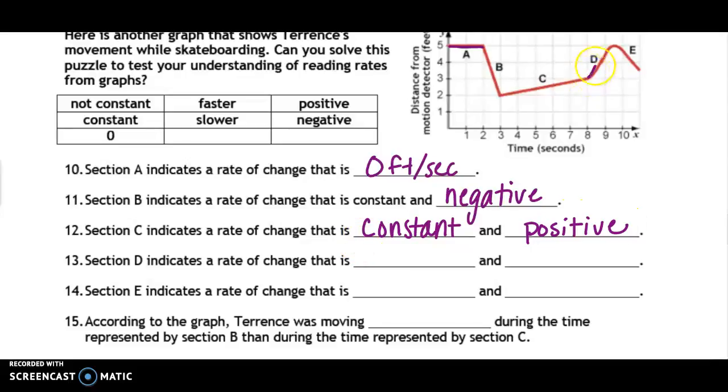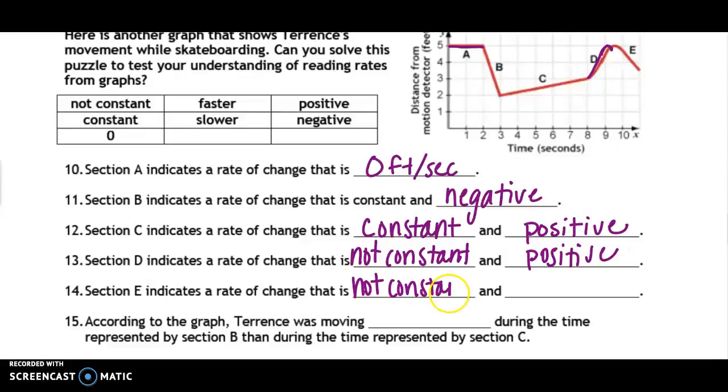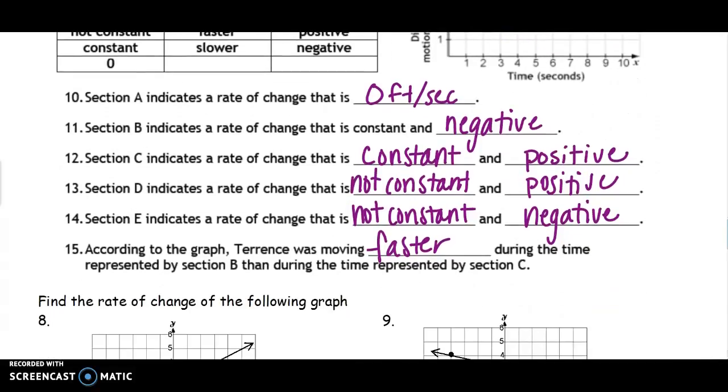D, on the other hand, has that little curve at the top, so it's not constant, but positive. And E, again, is not constant because it starts with the curve, and negative. So according to the graph, Terence was moving faster during the time represented in B than C. Faster because we see that B is a lot steeper than C.